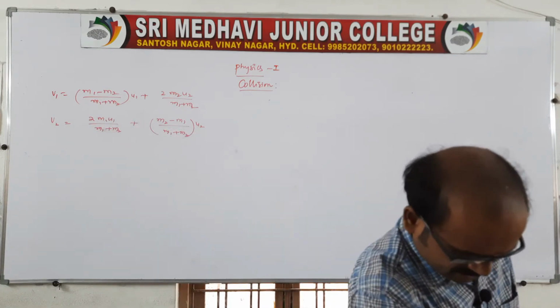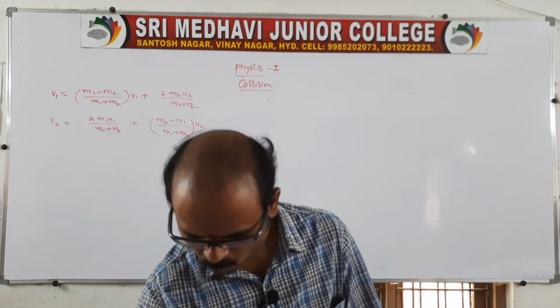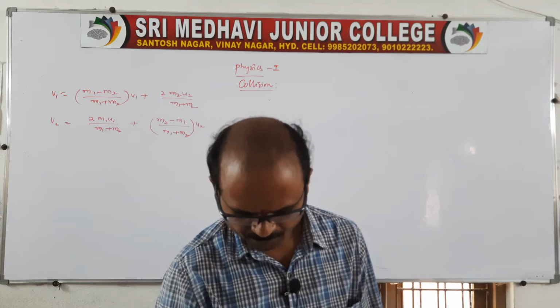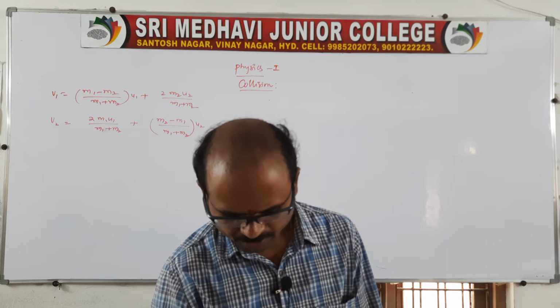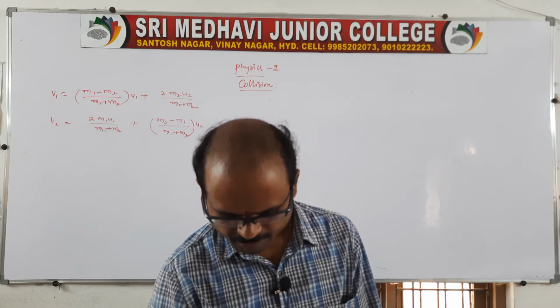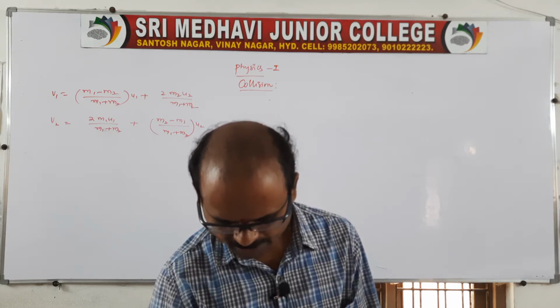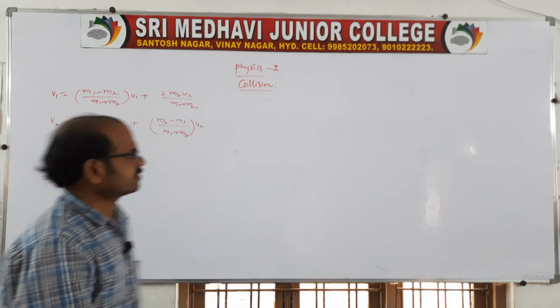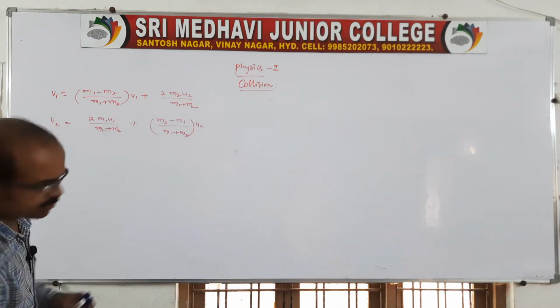A body of mass m1, moving with a kinetic energy K, undergoes a head-on elastic collision with another body of mass m2 at rest. See, the condition will be given like this. The second body is at rest.